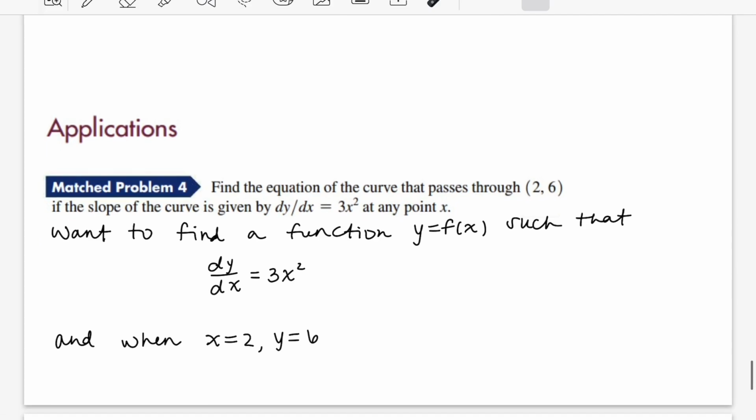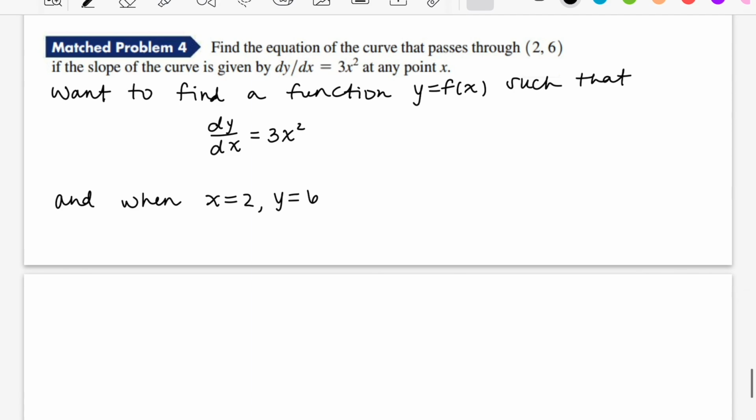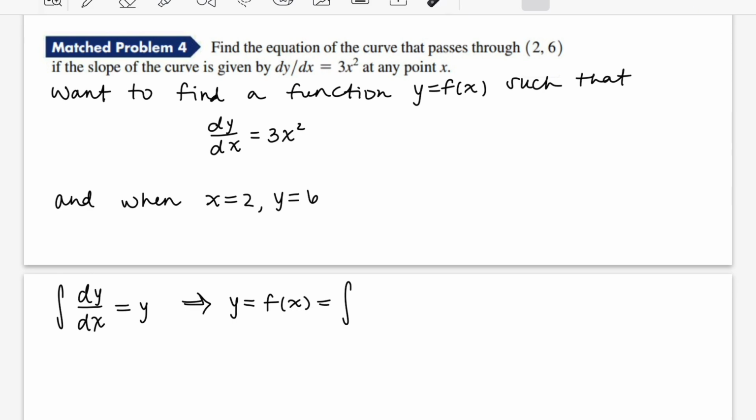All right, so we can find our y by using the properties of integration. We know that the integral of dy/dx is just going to be y. Right? We saw that earlier. So to find this function here, we'll just take the integral of 3x squared with respect to x.